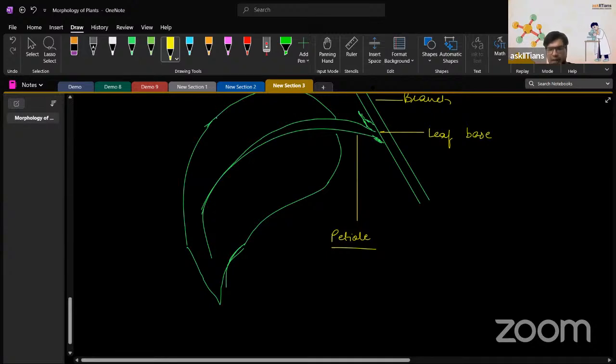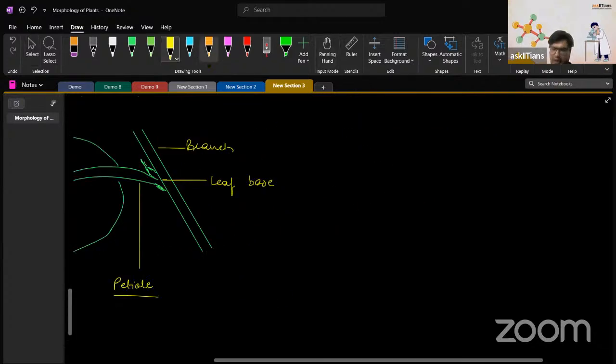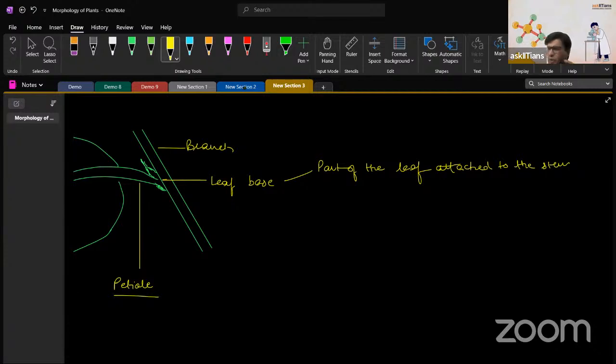Now, we have the petiole, and let's actually talk about each of them separately. First, let's talk about the leaf base. Now, the leaf base is basically the part of the leaf which is attached to the stem. Sometimes it might bear a small leaf-like structure that we call a stipule, right?